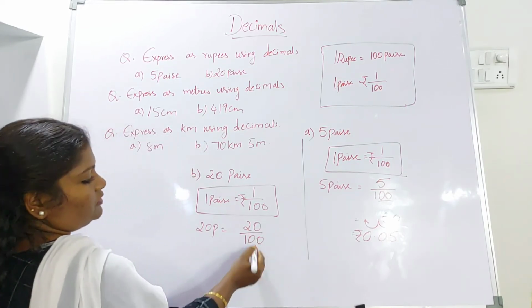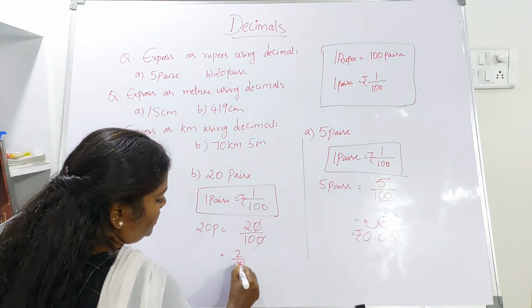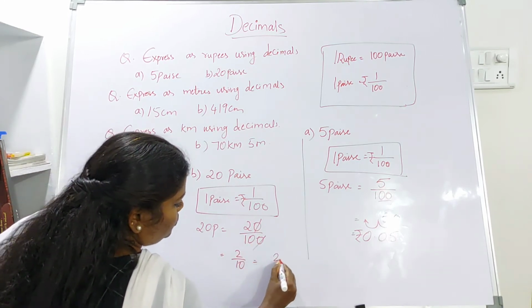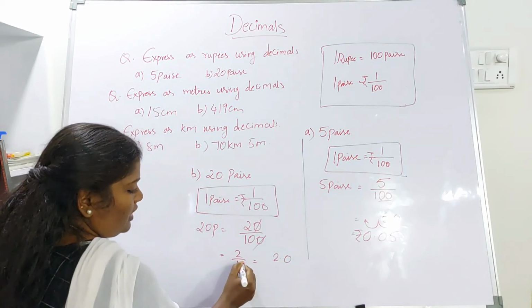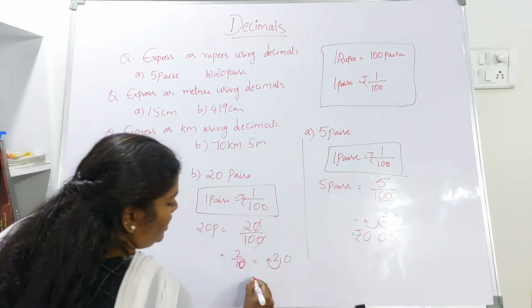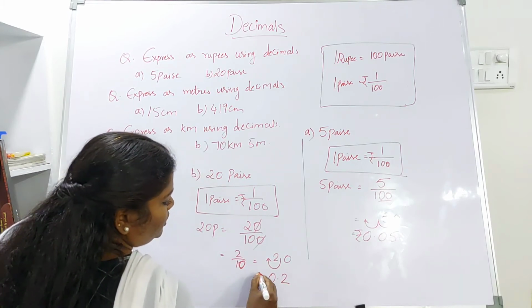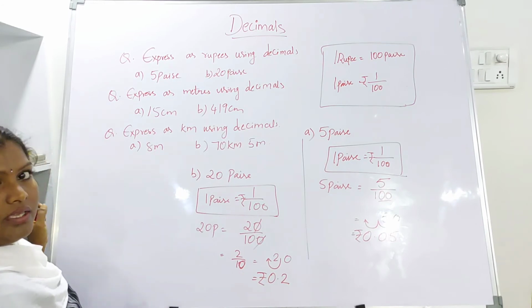Now 0 0 gets cancelled and you are left with 2 by 10. Now 2 in the sense it is 2.0, because you have 1 zero. So the point will shift to only one place and you are going to get 0.2. So it is 0.2 rupees.